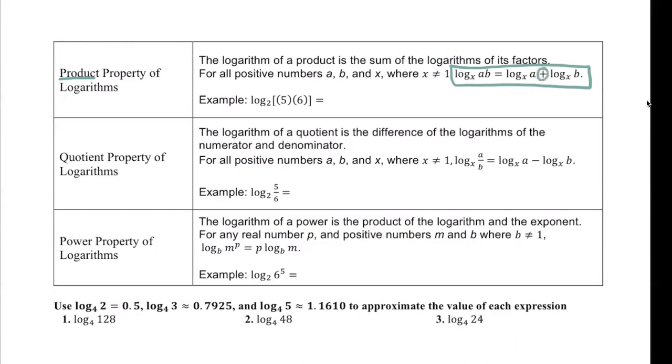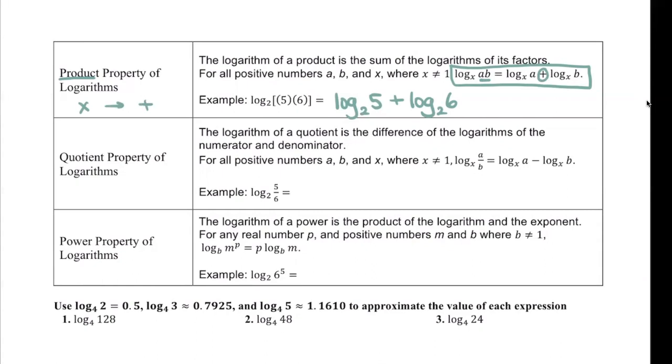All right, so for example, log base 2 of 5 times 6, you can split up to be log base 2 of 5 plus log base 2 of 6. All right, so when it's a product, you're going to add when you separate them into two logs. Okay, so product turns into addition.